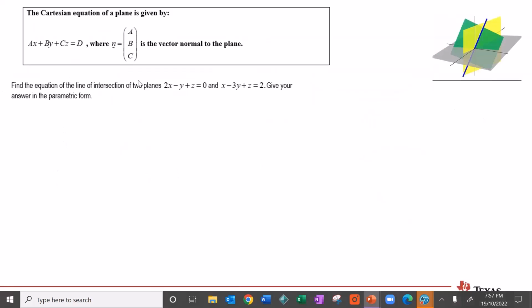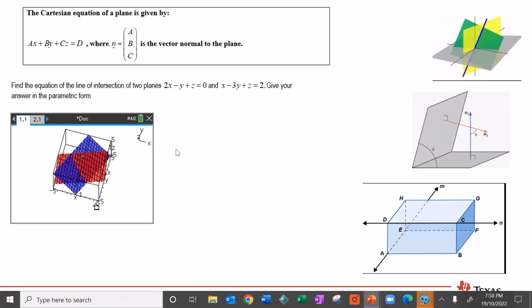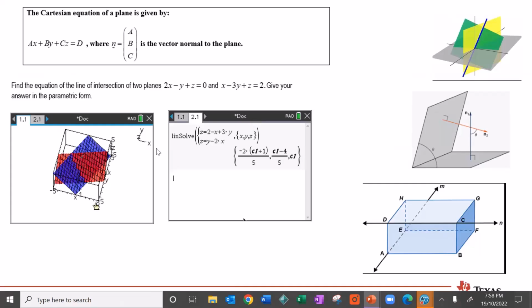So here we have the Cartesian equation of the planes, and we have to find the equation of the line of intersection between those two planes. Give your answer in parametric form. So similarly as we did before, we can draw it and see what happens, or we do linear solve.